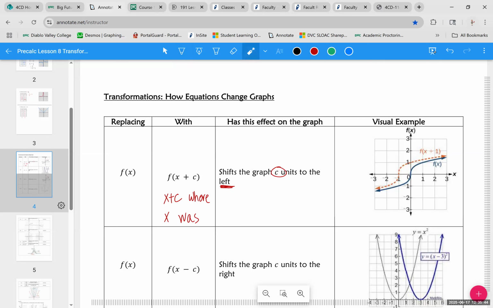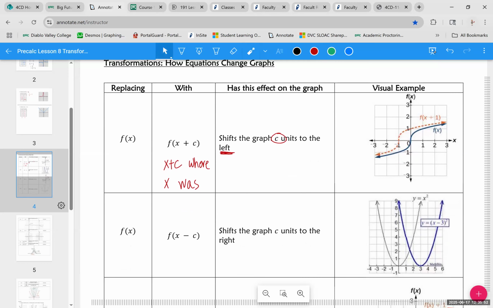Now I know when it says plus, that makes you think of right, but in this case, it's the opposite. So we can look at this at the same time we look at the one below. If you replace x with x minus c, now you're going c units to the right.